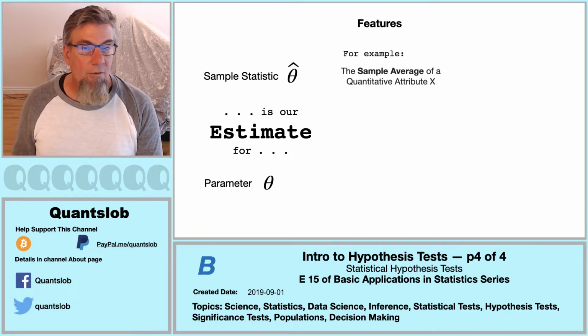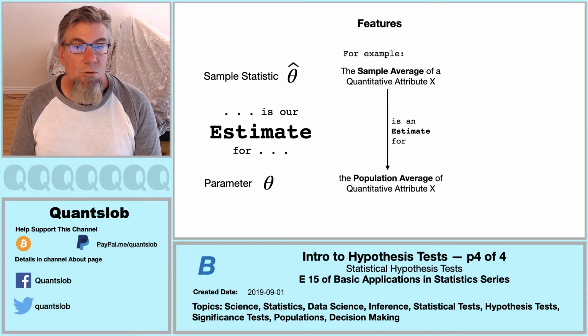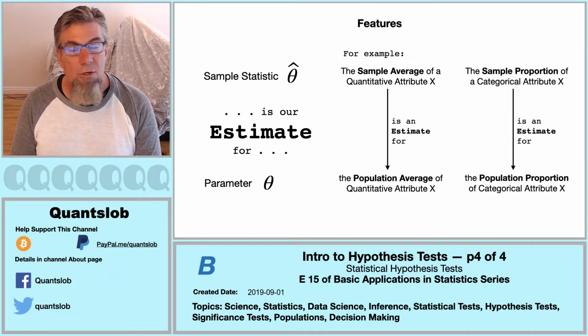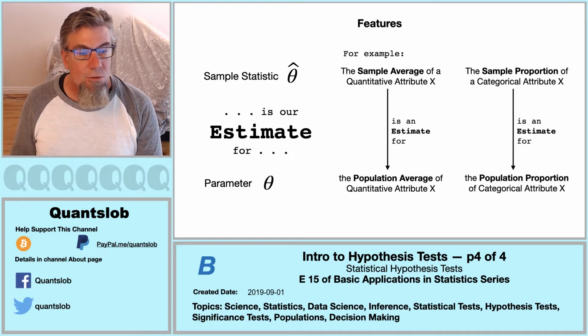So to offer a couple very simple examples of this, we may use a sample average of some quantitative attribute to learn about the average of this attribute within the larger population from which the sample was realized.